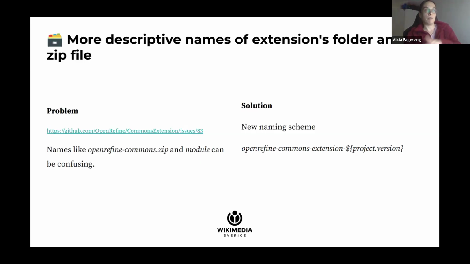Now it will be just OpenRefine Commons extension and the project version, so that it will be easier to figure out what that is and what actually is in your extension directories. Useful for those who use a lot of extensions.